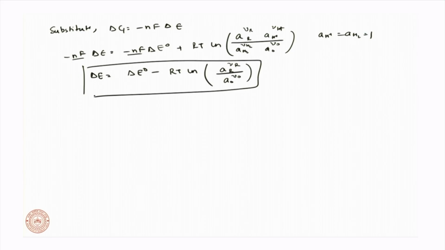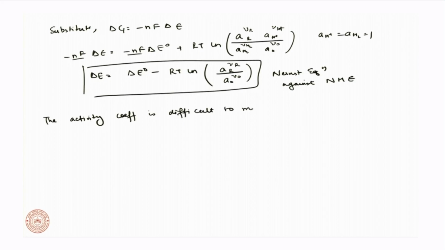This equation that you are getting is called the Nernst equation, right. This is your Nernst equation, and this is against your normal hydrogen electrode or NHE. Now, it is sometimes difficult to measure the activity. The activity coefficient is difficult to measure. So, what we can do is break this into two terms.